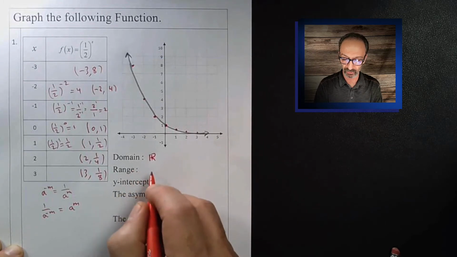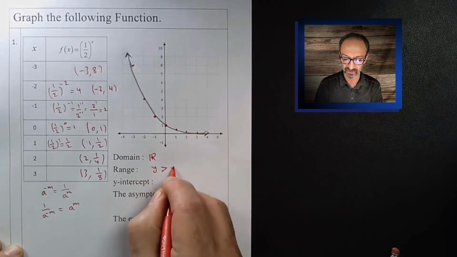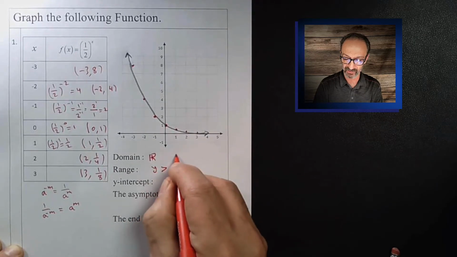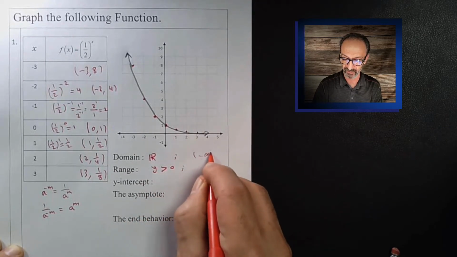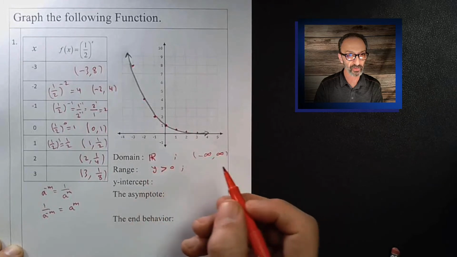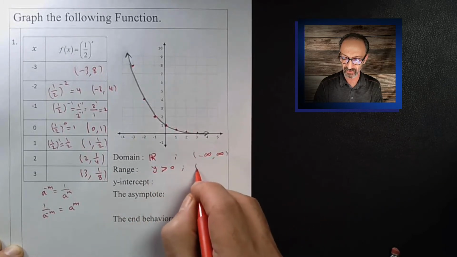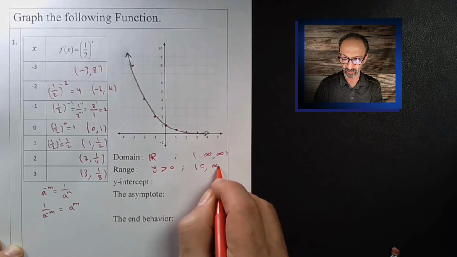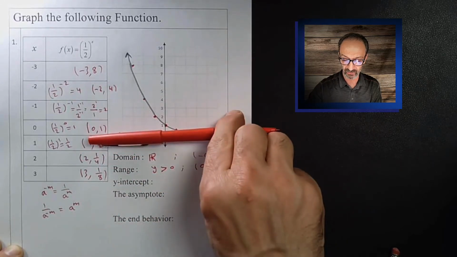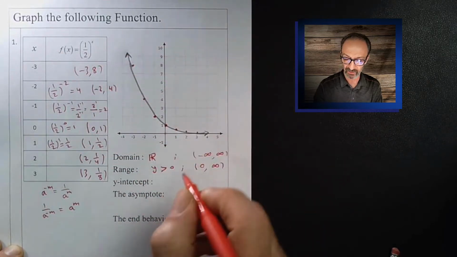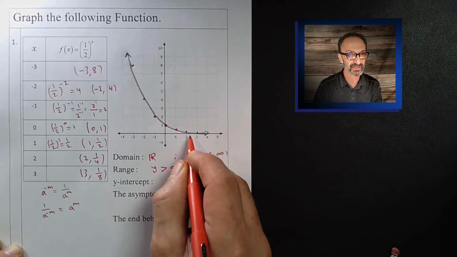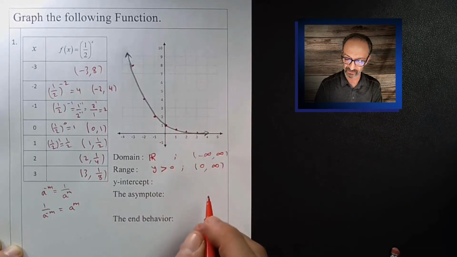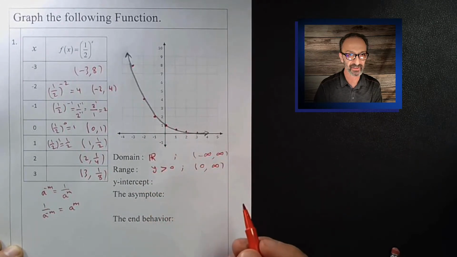The range will be all the y values greater than 0. So let's write this in different format. -infinity to infinity for all real numbers. Y greater than 0, that means from 0 all the way up to infinity, not including 0 value for y, which is the x-axis. That's why it's open at 0.